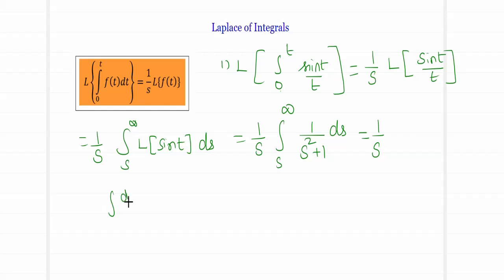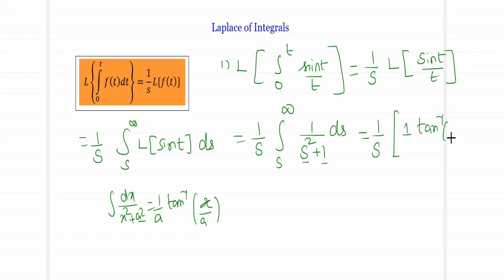We know that the integral of dx divided by x square plus a square is 1 by a tan inverse x by a. In place of x, we have s. In place of a, we have 1. So it is 1 by s times 1 tan inverse of s by 1, with the limits from infinity to s.